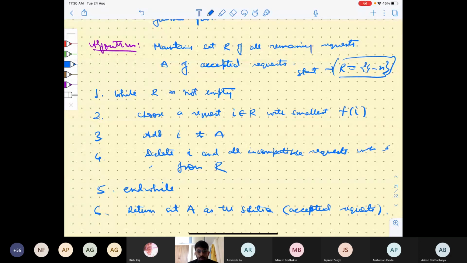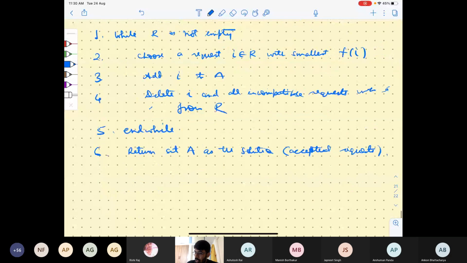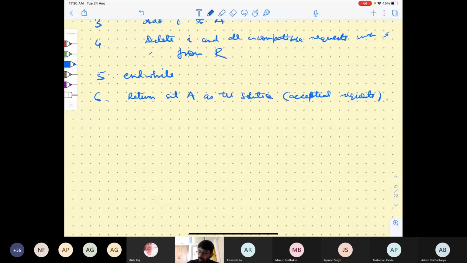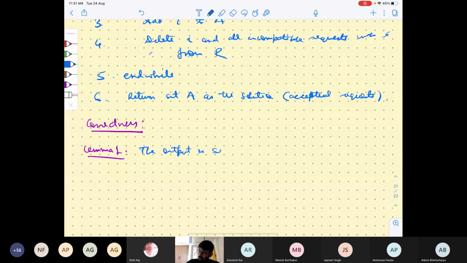No? Okay, good. So let's prove the correctness. And that's where we'll be using the first way that we saw, that the algorithm stays ahead. So first, let's get this out of the way: the output is a set of compatible requests. Why is this the case?